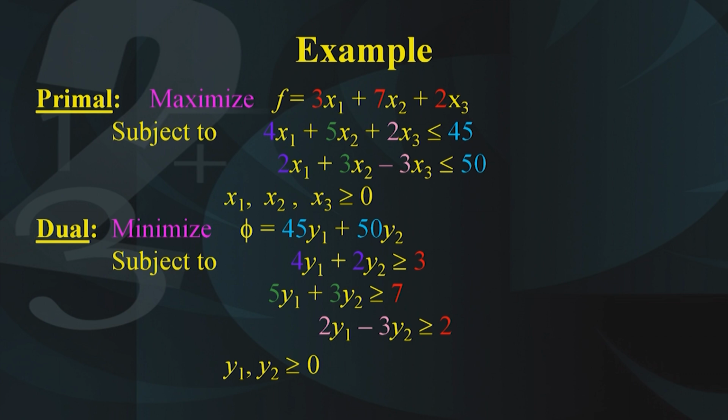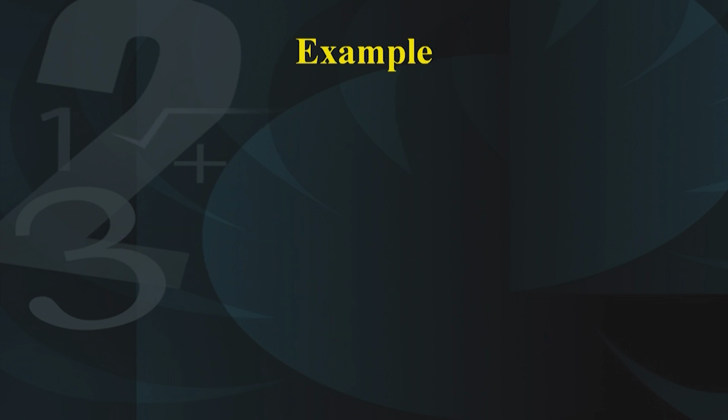Of course, the number of decision variables of the primal, that is x1, x2, x3, have now become the constraints of the dual, and similarly the constraints of the primal have become the decision variables of the dual. So, with a little practice, you will be able to write the dual of a given problem.